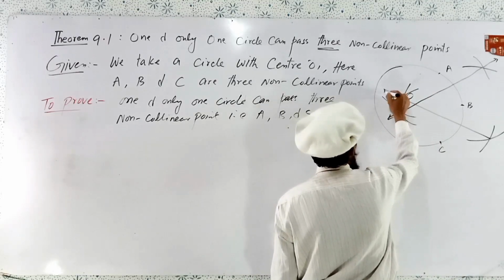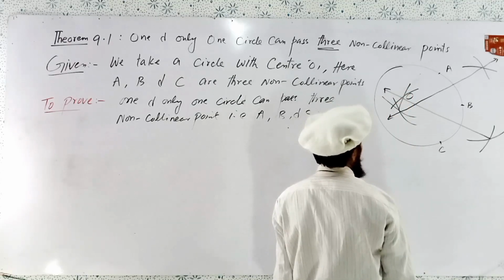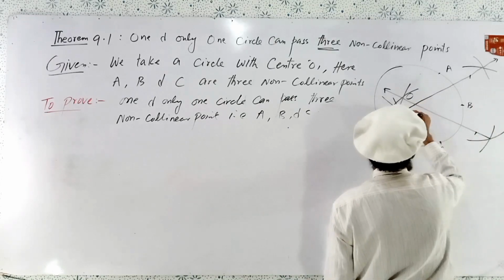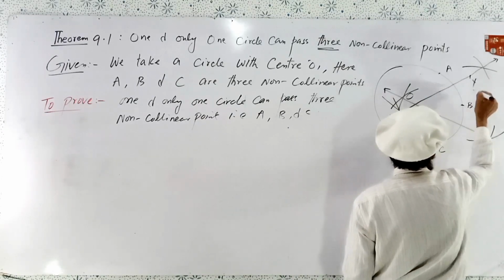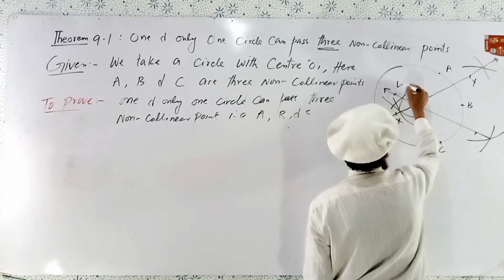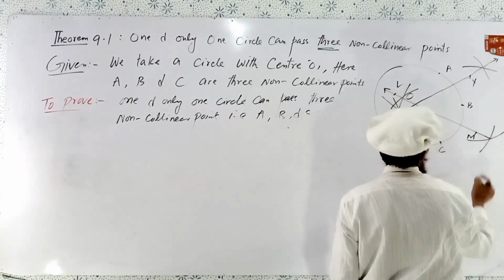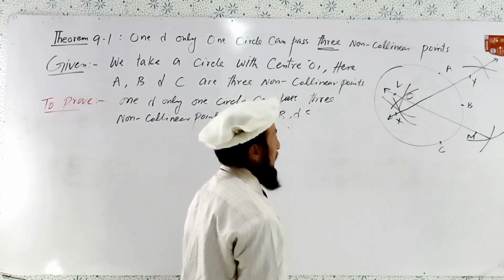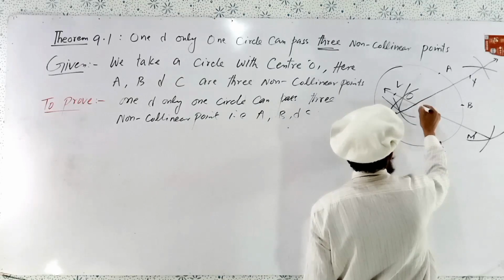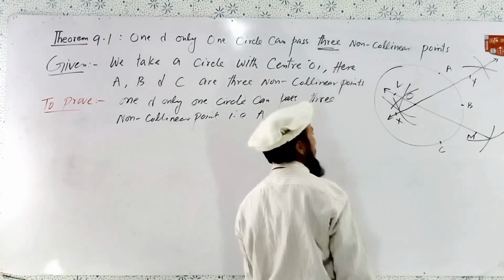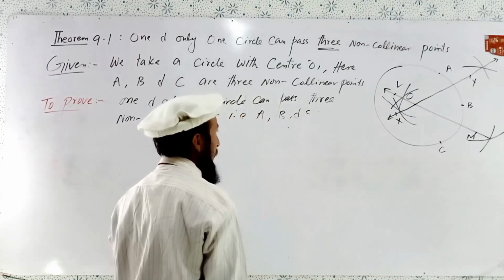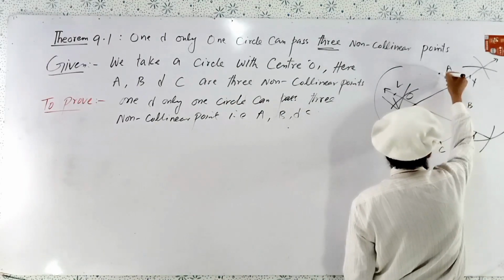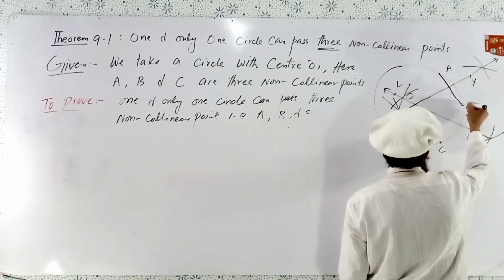Now for these two bisectors, for example, we give the names X, Y and L, M. These are the two right bisectors which intersect each other at the fixed point O, the center. Now we also draw the chords of the circle.